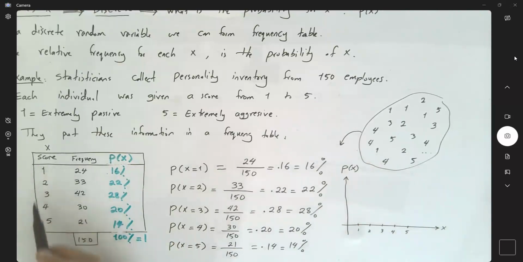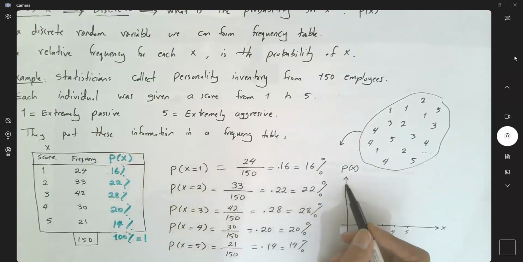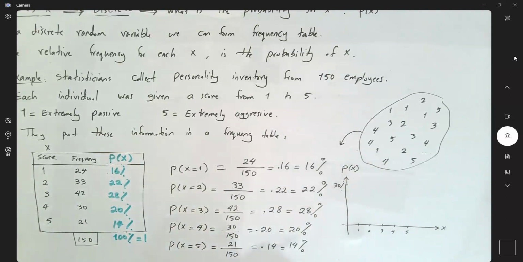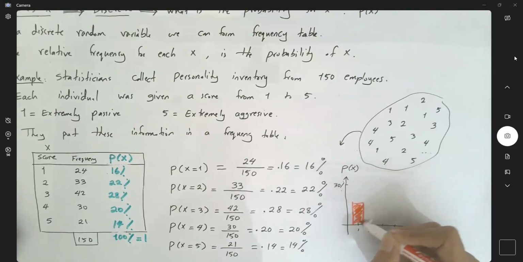We list all of these scores. And the maximum is 28%, so I'm going to use 30% as the top height here. For score 1, we have 16%, which is roughly here.